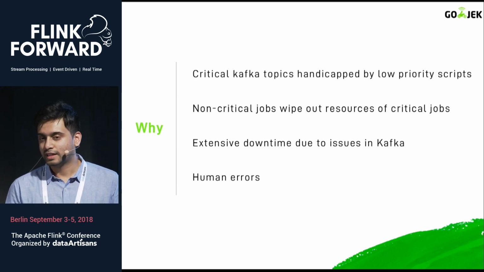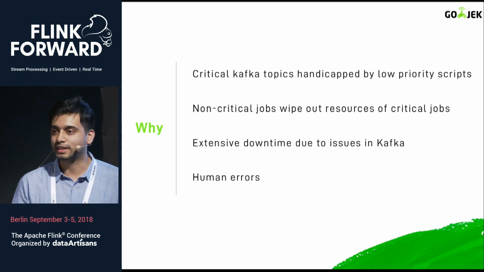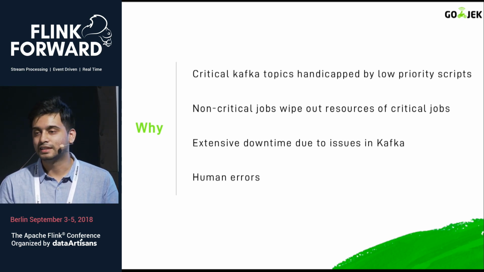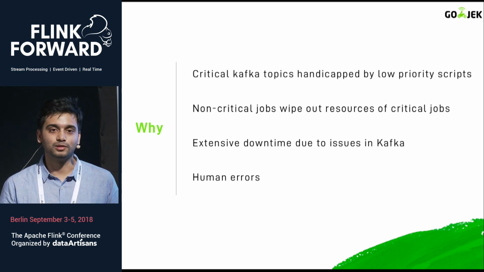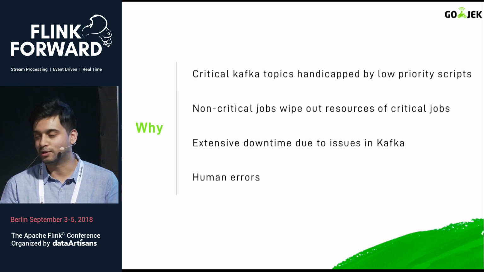And if we have just one huge Kafka cluster, and there are a lot of under-replicated partitions, or some partition goes offline and there's some problem in disk, then the entire organization would suffer a huge downtime. And it's also the case that if somebody makes an error, you have an organization-wide downtime.